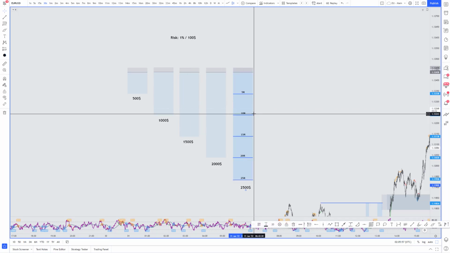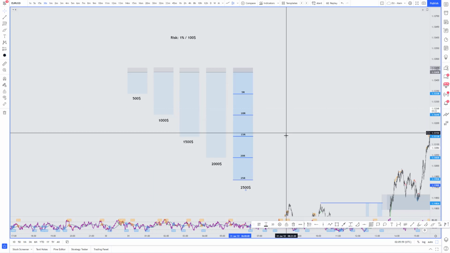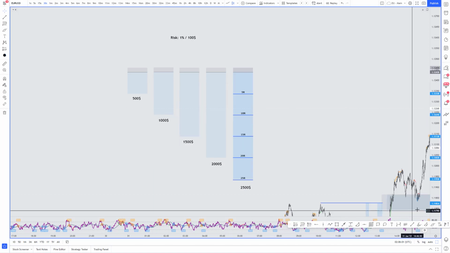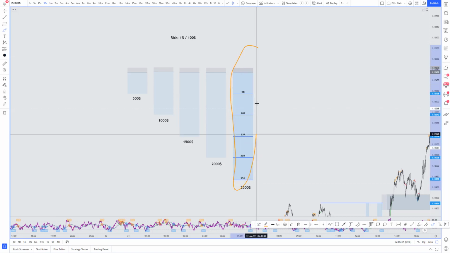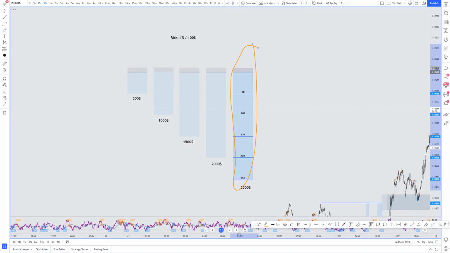Now, we've all been in the market enough to know that you are not going to consistently nail 25R trades. And if you are looking for 25R trades as a baseline, you're going to have a very low hit rate, and it's going to be really hard on your psychology.